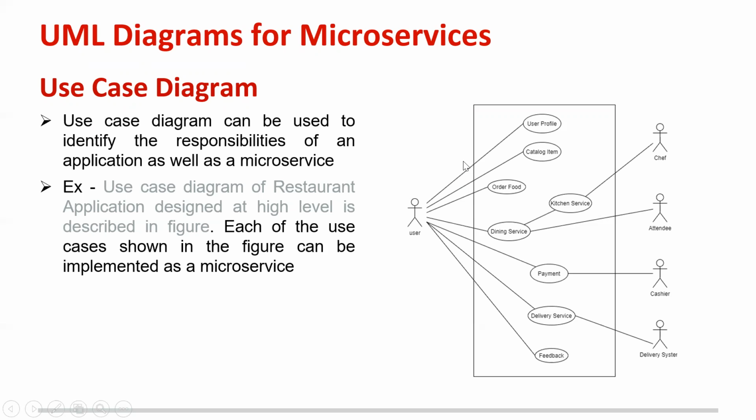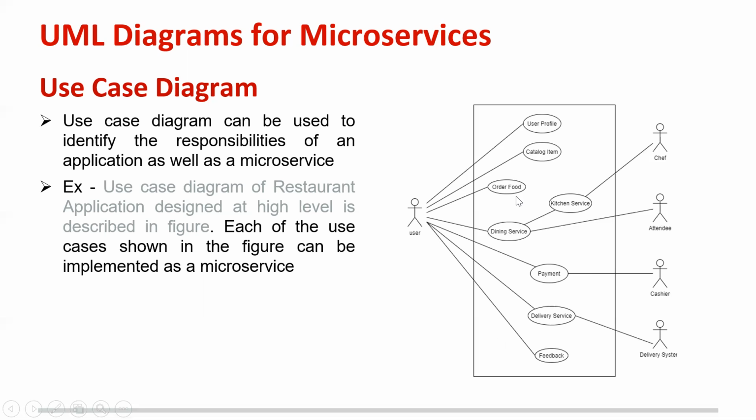Under the use case diagram, the diagram on the right side shows the use case diagram for the restaurant application. On the left side we have the user, and on the right side we have the other systems interacting with the restaurant application. If you see the user, he can create a user profile. He can browse through the catalog items.